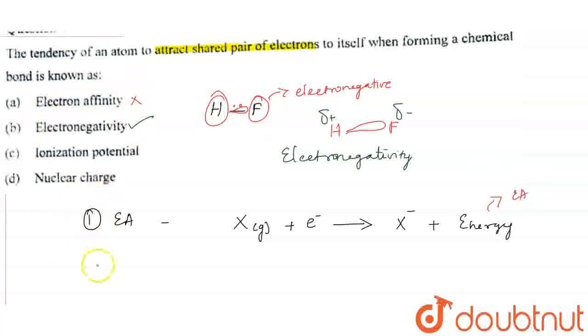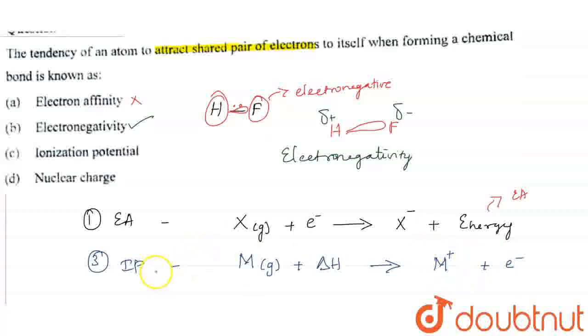Next, the third option is ionization potential. So what is ionization potential? Similarly, we take an element, say M, in its gaseous form. We supply some energy, and during that process an electron from this element will be ejected out, and because of that it will become a cation, M plus.